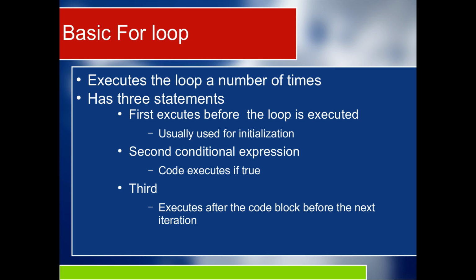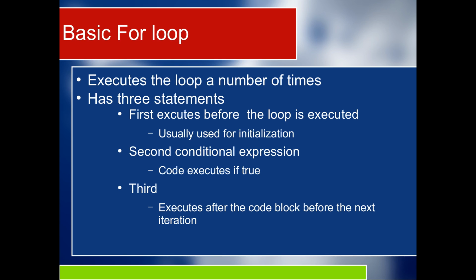Now this basic for loop, and there is another for loop we'll talk about in a minute, has three statements inside of it. The first one is an initialization statement. It's going to execute before the first iteration and never again. They usually use this first statement for initialization.